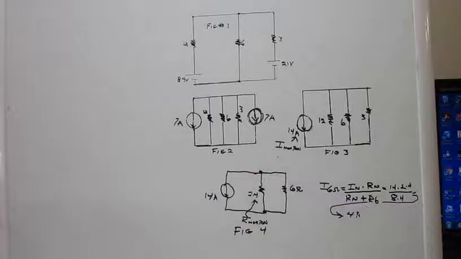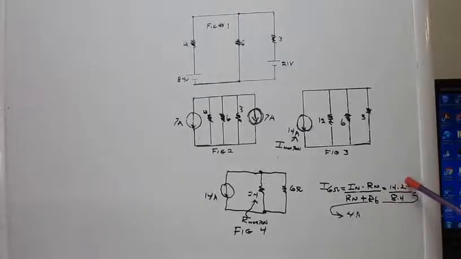Now to find the actual value, we use Kirchhoff's current law. Okay? Alright? So that current, I 6 ohm, is equal to I Norton times R Norton over R Norton plus R6.